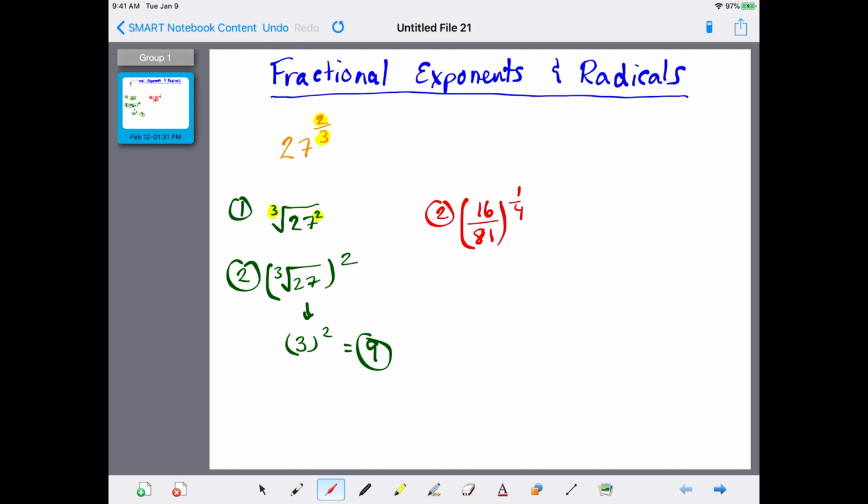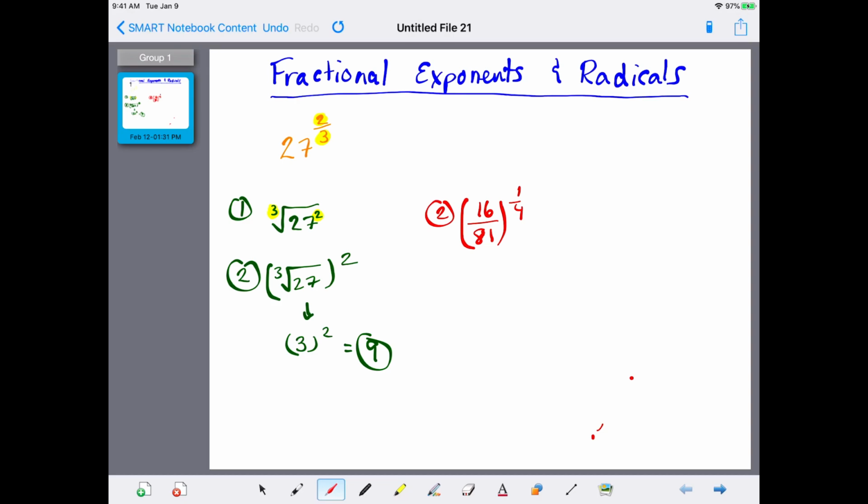In this example, we have 16 over 81 raised to the exponent of 1/4. So we can rewrite this and use one of our exponent laws that we know.